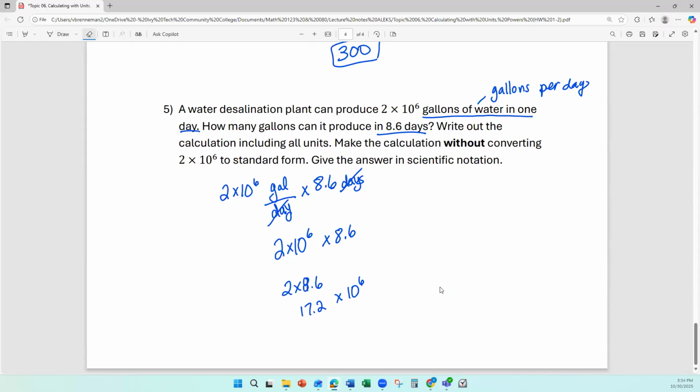So I need to move that decimal point. I need it to be 1.72. When I move that decimal point, I have to balance that by changing the power of 10. In this case, the number was too big. I moved the decimal point 1 place to correct that, so I'm going to add 1 to the power of 10. So it's 1.72 times 10 to the 7th.